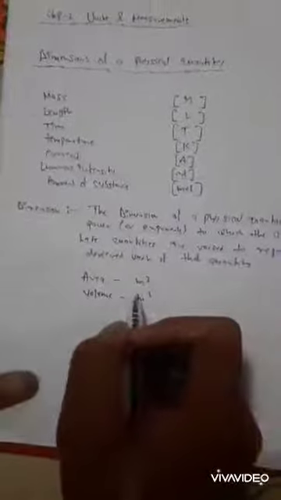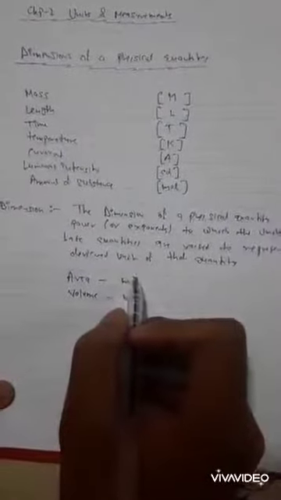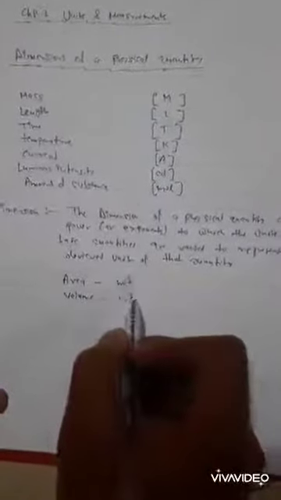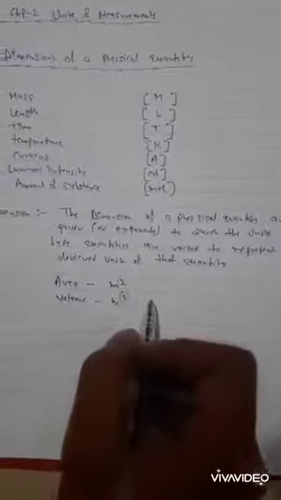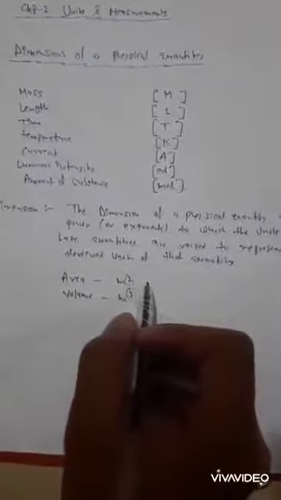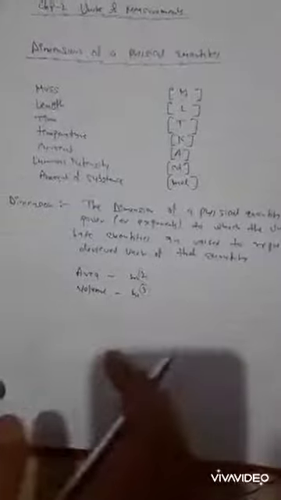So what you notice here, that in area we have the power of meter is 2, and in volume we have the power 3. So these powers are known as the dimensions. I hope I am clear with the dimension.